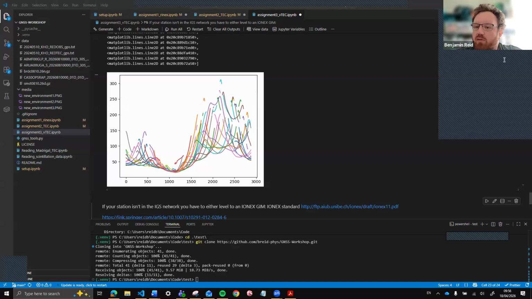Yes, those are both very fair questions. This is true, actually. Anything involving VTEC is essentially assuming that there are no horizontal gradients. So when you are at low latitude regions and you're in the equatorial ionization anomaly, that assumption just isn't valid.